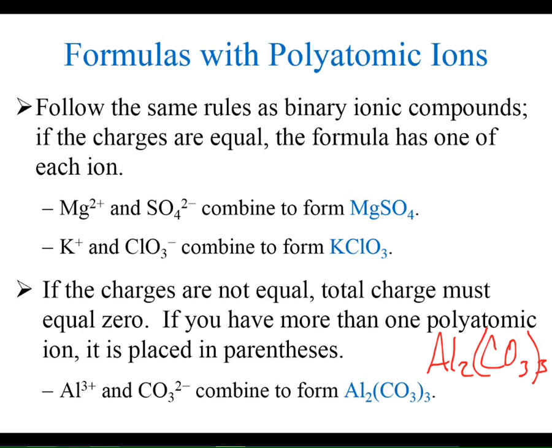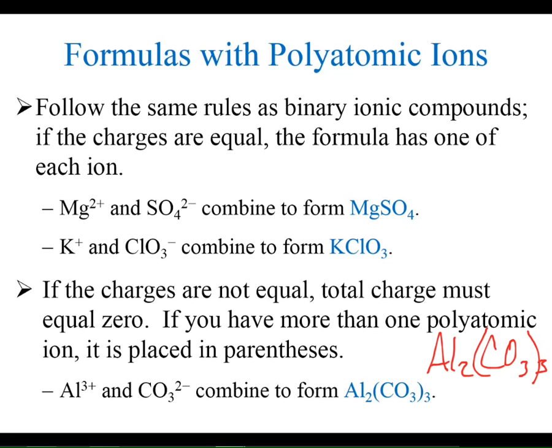Do you understand? Yeah, I'm sorry, I don't understand why Al2 on the bottom? So I need a 3 plus and a 2 negative to cancel out. One way to think of it is the crossover rule. Put the 3 here, put the 2 here. But why is that? Well, what's the least common multiple of 3 and 2? 6.